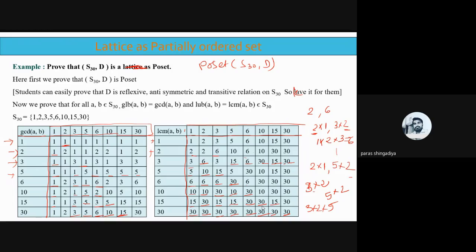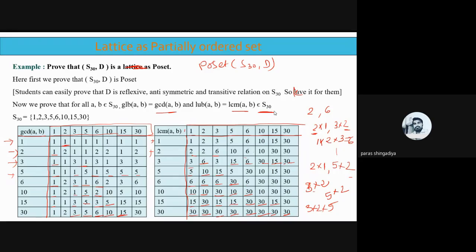So therefore we can say that the LCM of A and B, okay, LCM of A and B means LUB of A and B, also belongs to S30. We have to prove that both GCD and LCM are covered within S30, and that is proved here. And therefore we can say that S30 comma D is a lattice as a poset. Okay, S30 comma D is a lattice as a poset.